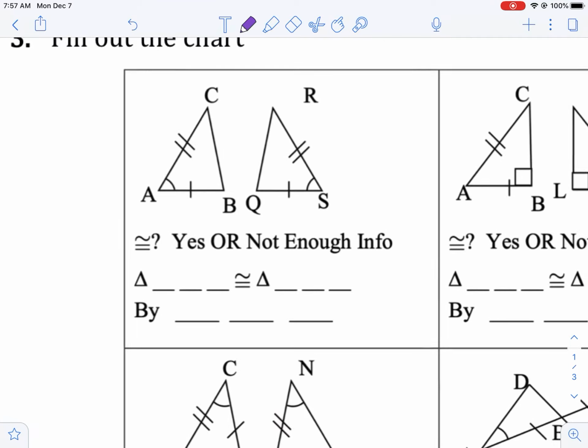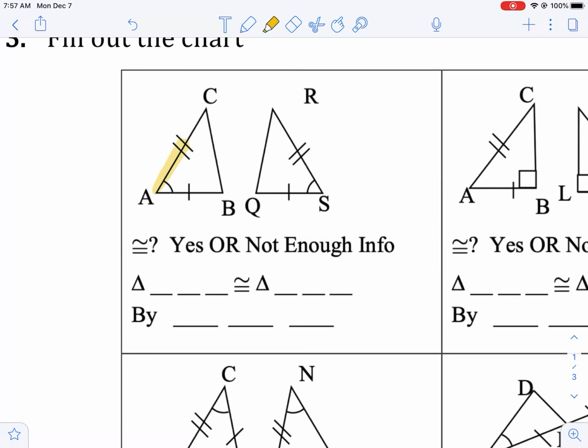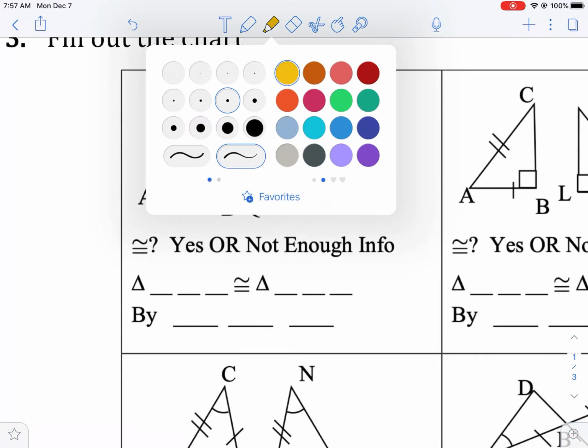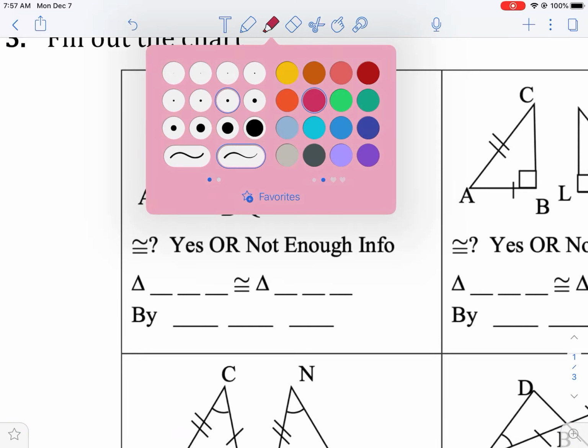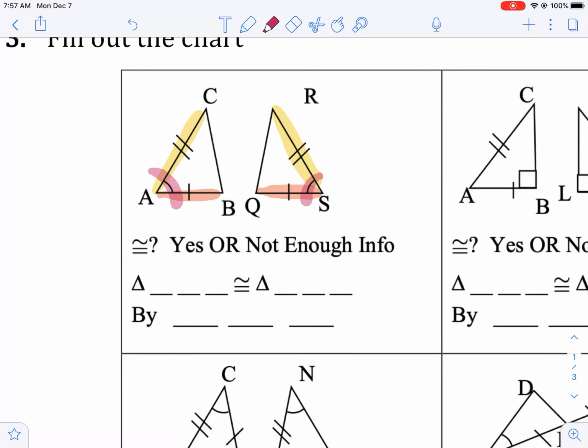If we look at this first one, I'm going to highlight everything that I know to be congruent, just the corresponding parts. As you can see, we've got this side here in yellow that's congruent to another side. That counts as one side, whereas AB congruent to SQ counts as two sides, because we count 1, 2.